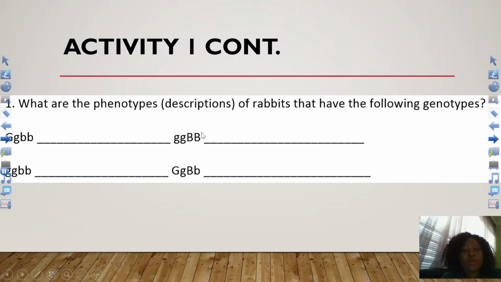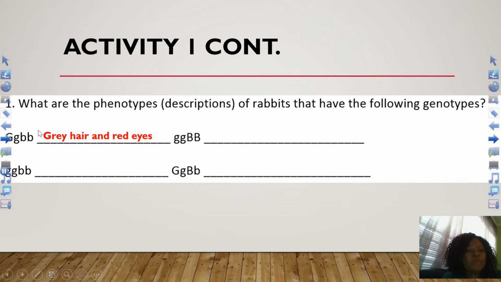The first question says, what are the phenotypes, or the descriptions, how does the organism appear, of the rabbits that have got the following genotypes? The first genotype is capital G, small g. Remember, we are looking at hair color, which is either gray or white.